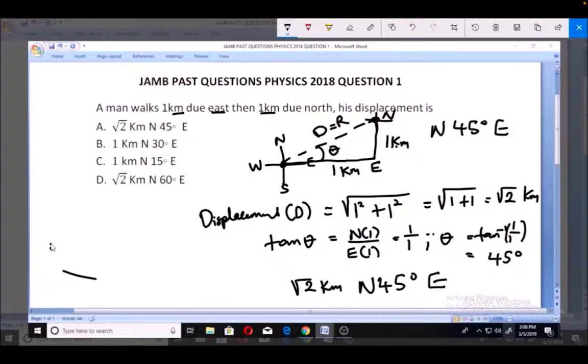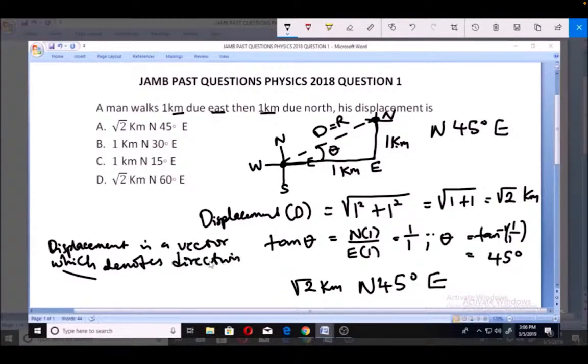Then why do we have this? Because we all know that displacement, from the definition of displacement, is actually a vector quantity. That's why you must put both the direction and the magnitude. So displacement is a vector quantity which denotes direction, very very important, direction and size.